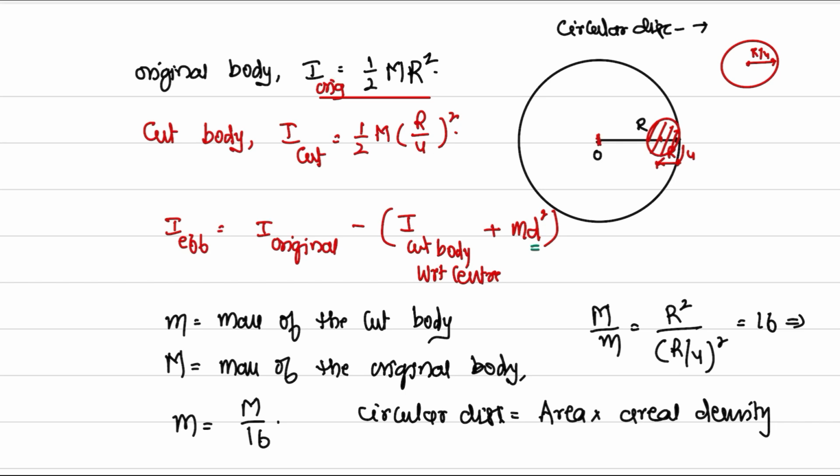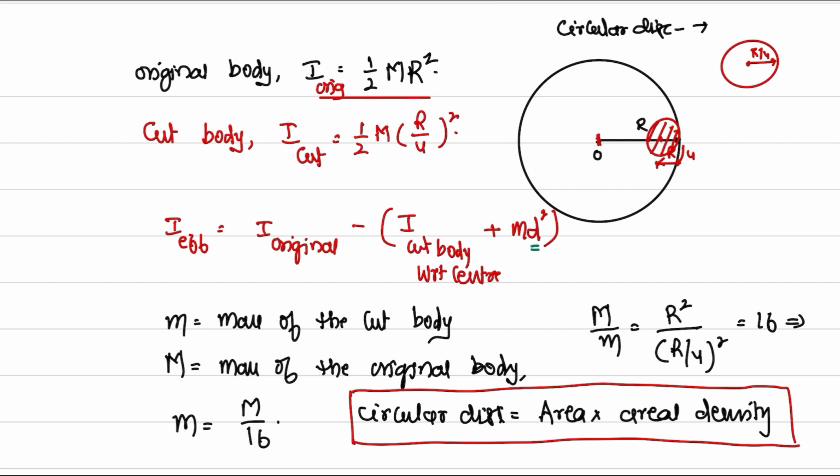There we took linear density; here we take areal density in a circular disc. If it is a sphere, then we take volumetric density. So mass is pi r square into areal density. Areal density will not change because we are not changing the properties of the material. Then the masses will be in the ratio of the areas.